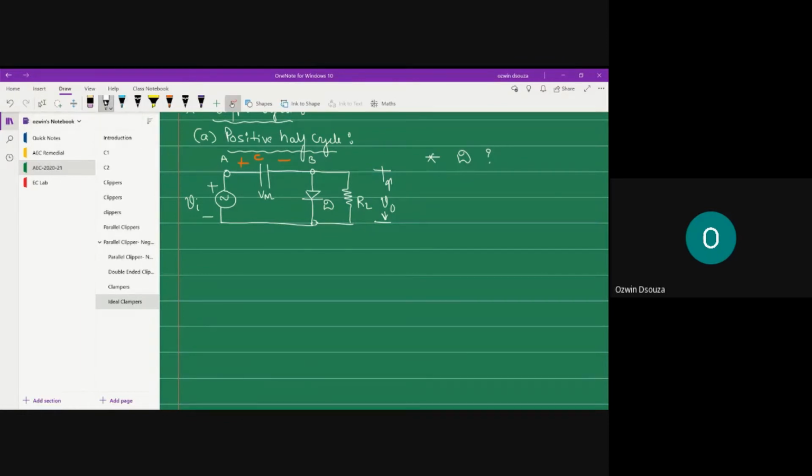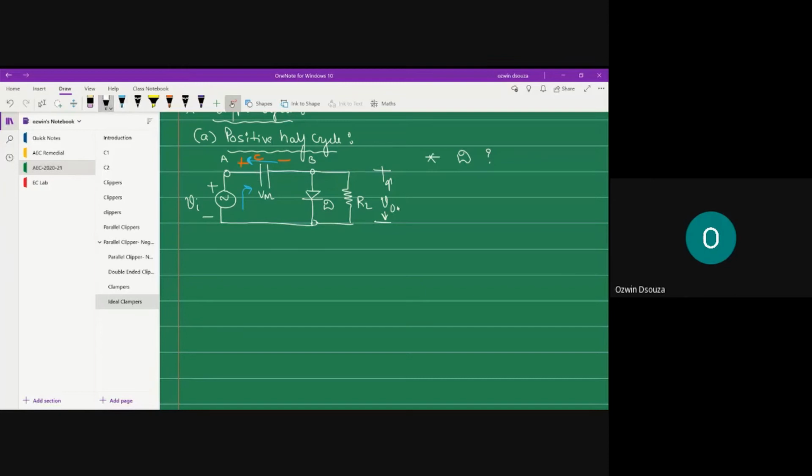Now if you look at the two sources, they are connected to each other in an opposing manner, right? So Vi is trying to circulate the current in clockwise direction. On the other hand, the capacitor, which is behaving like a battery, is trying to circulate the current in anti-clockwise direction.